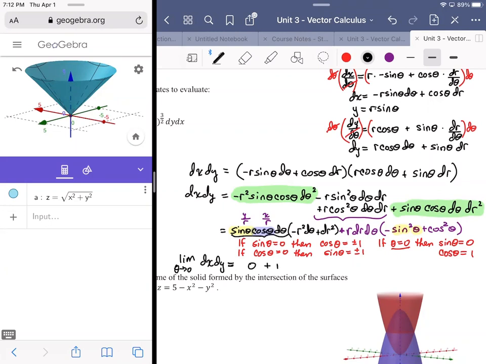But the other part, r dr d theta, times negative sine squared theta, so that would be times 0, plus cosine of 0 squared, which is equal to 1. So we get r dr d theta as a result. All right. So what we're doing is we're sending the sine function to 0 because we're sending theta to 0.